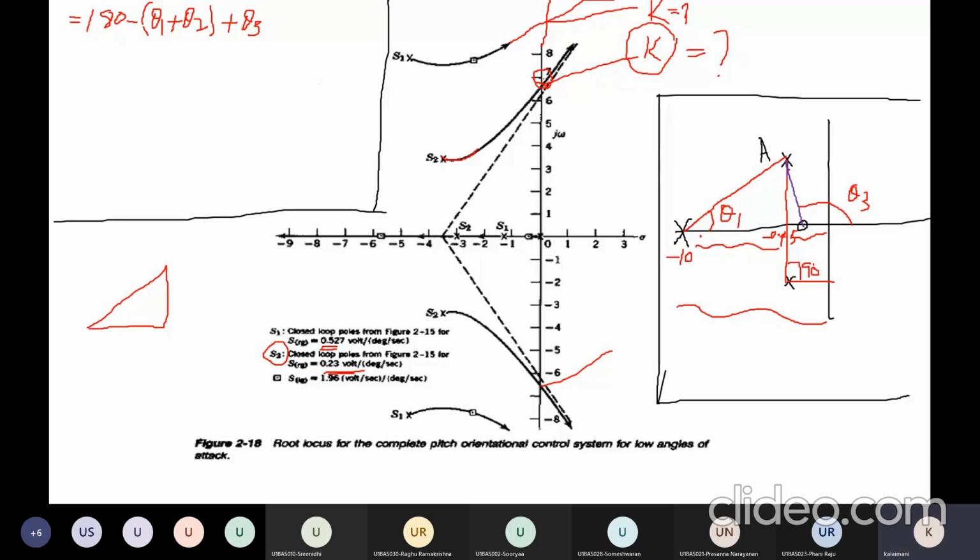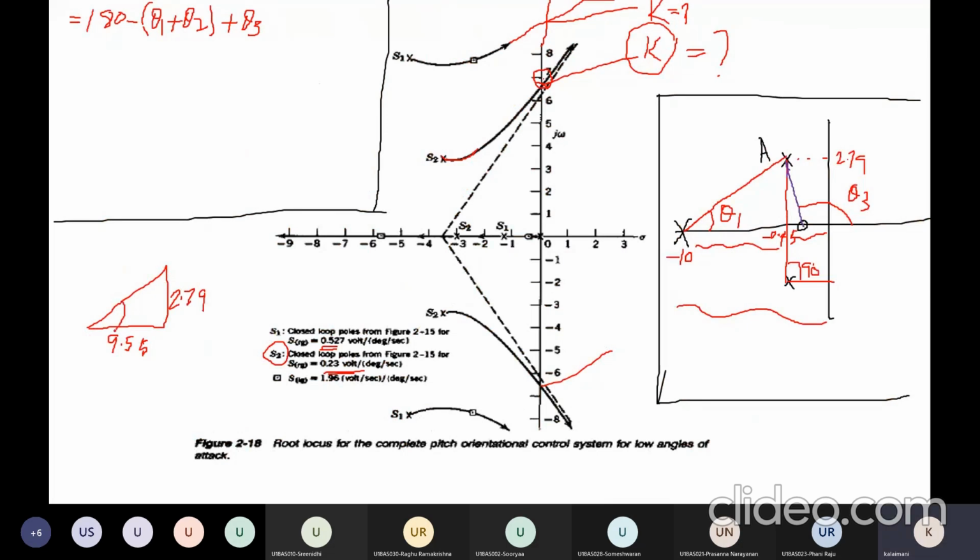If it is 0.45, then the remaining value is 10 minus 0.45, that gives 9.55. So this distance is 9.55. The height is the pole's height, because we already know that this value is 2.79 j omega. Therefore, the height is 2.79.